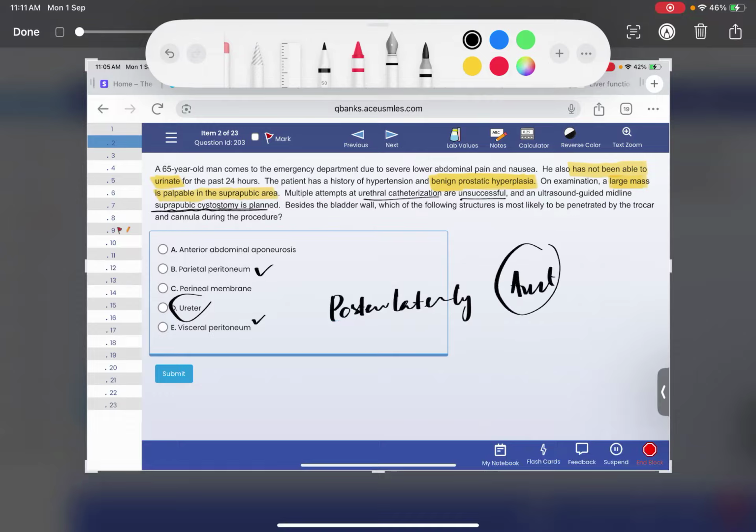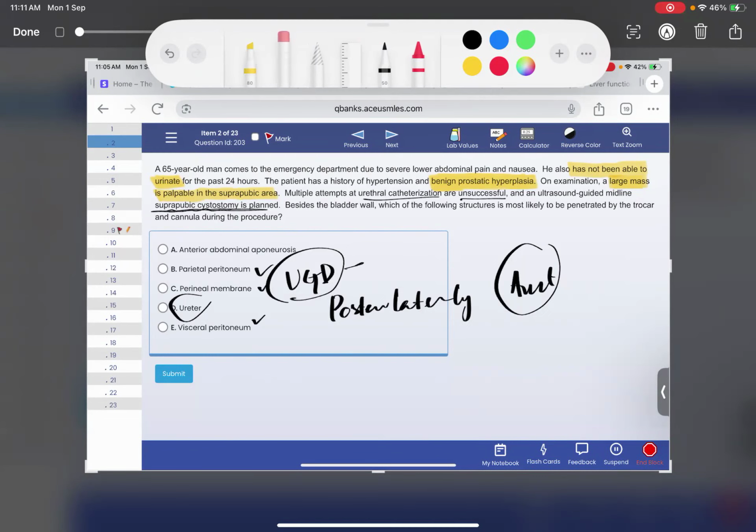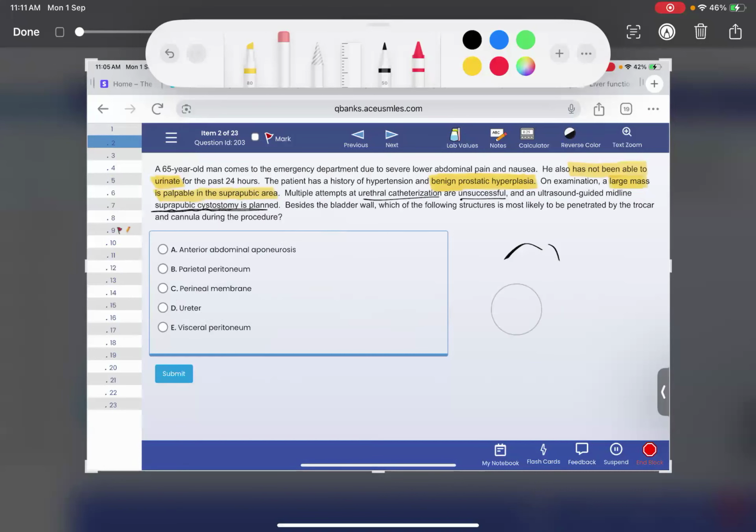So it's not going to be punctured. What about the perineal membrane? The perineal membrane is part of the urogenital diaphragm and will be inferiorly located, and we will discuss it in the reproductive module. Don't need to be worried about this.